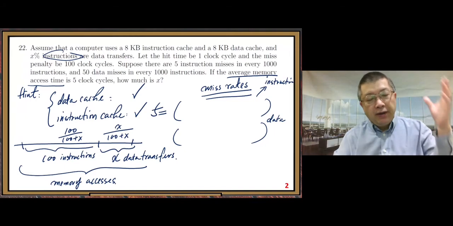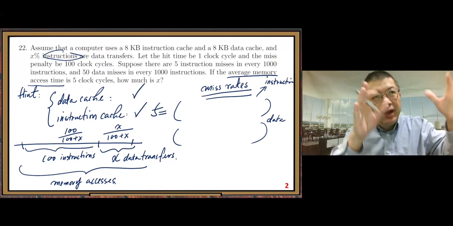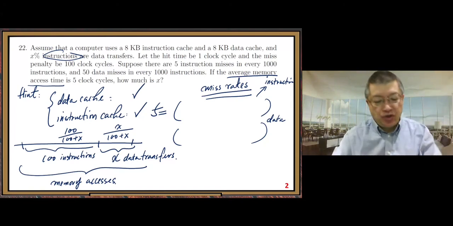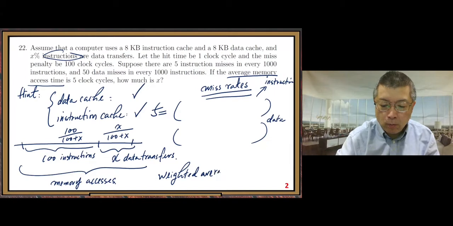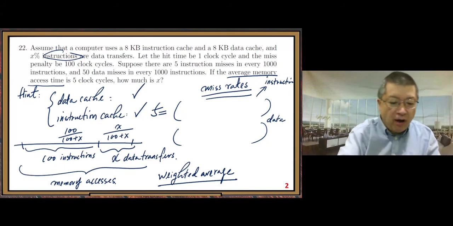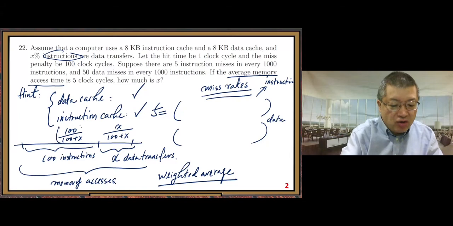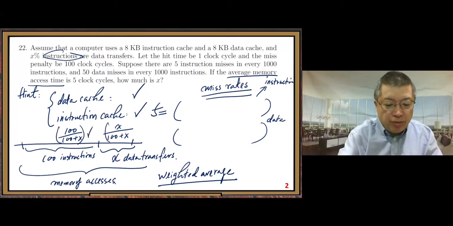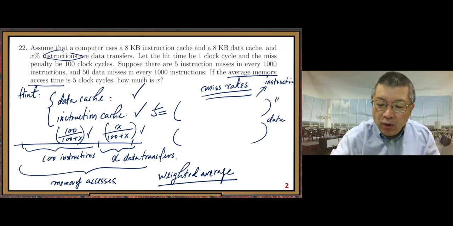To combine them, we need to do the weighted average, because the contribution from each cache is different.